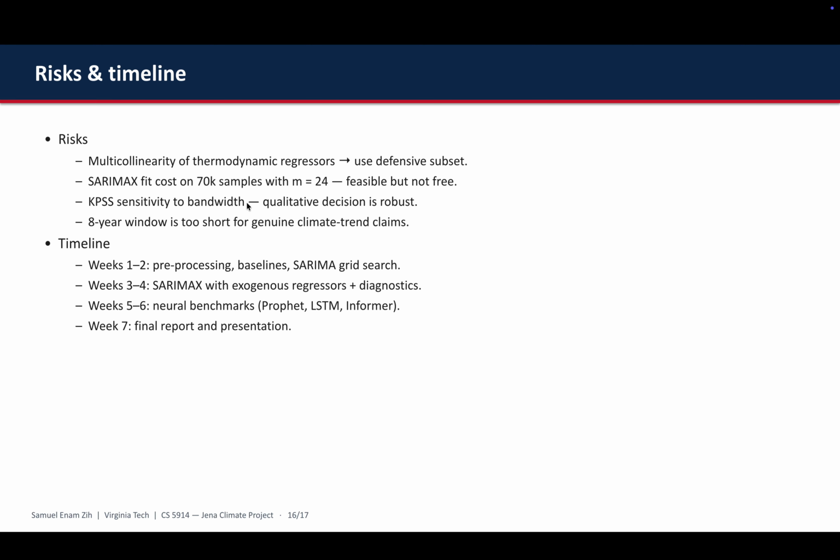The statistic varies with the lag truncation choice, but the qualitative decision to reject stationarity is robust across reasonable bandwidths. Four, 8 years is too short for a genuine climate trend claim. I will be careful not to overinterpret the small but non-zero trend.